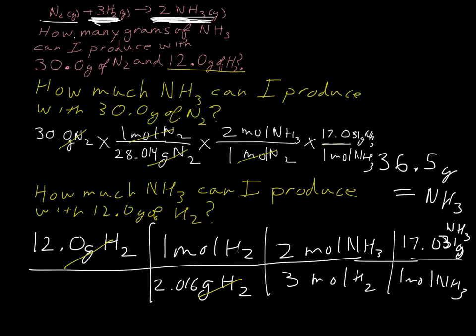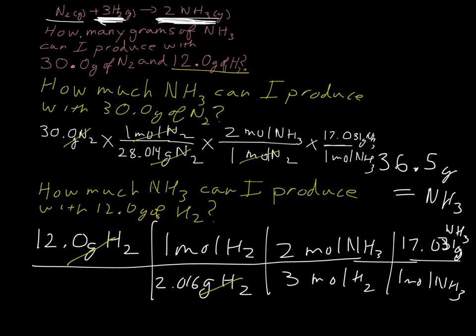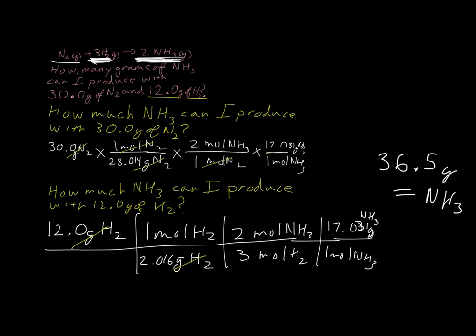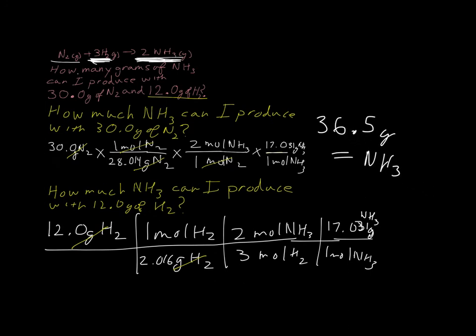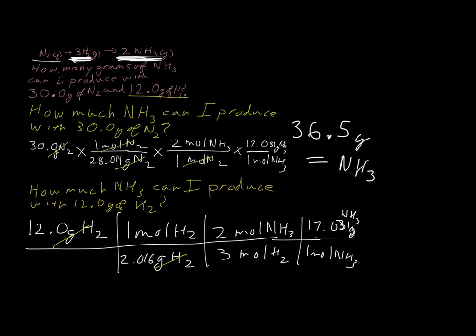I multiply everything on top, divide through by everything on the bottom here. So 12 divided by 2.016, divided by 3 times 2 times 17.031, and I get that I have enough hydrogen to produce 67.6 grams of ammonia.